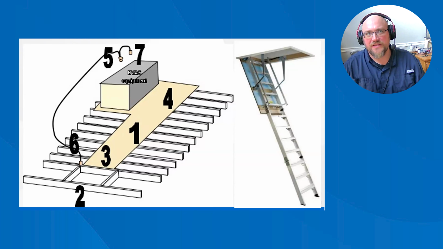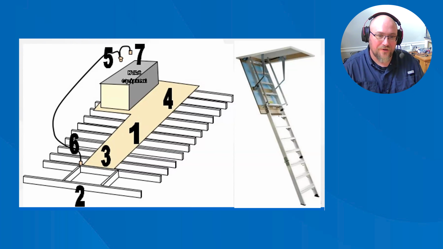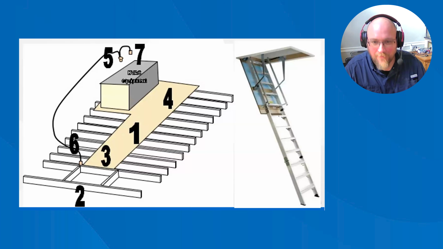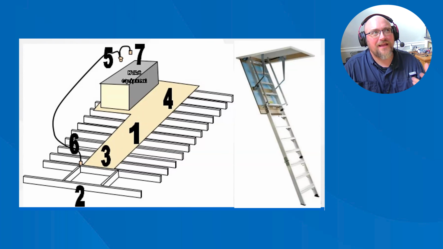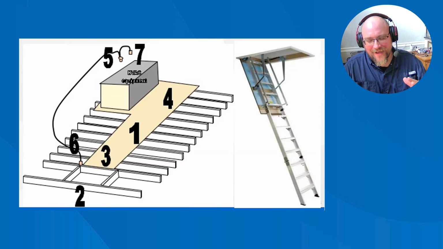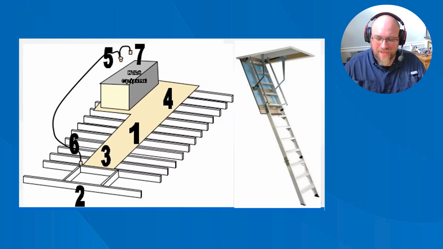Just like with the safety conditions of your ladder, you always want to check your ladder before going up. I'm gonna eat some crow here. As diligent as I try to be, this one time I did not check my ladder, and my ladder is a Little Giant, so it has those little feet on the bottom.